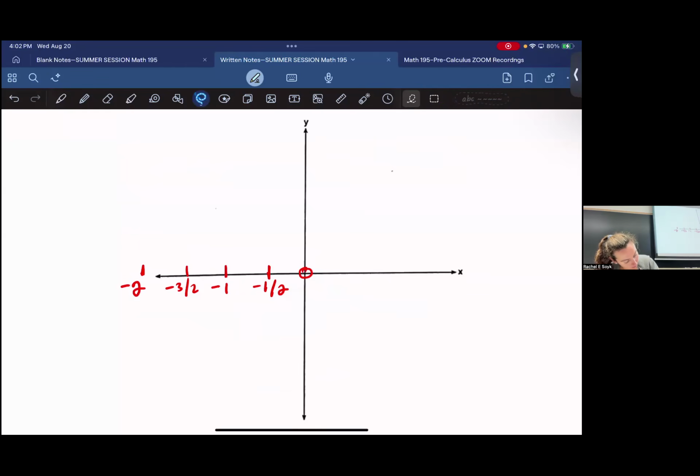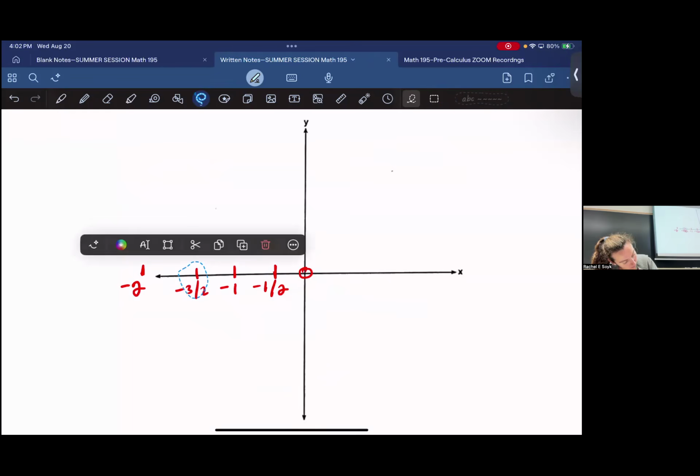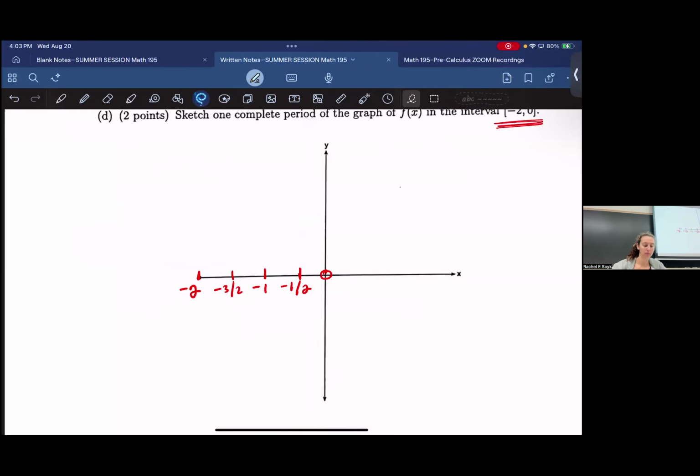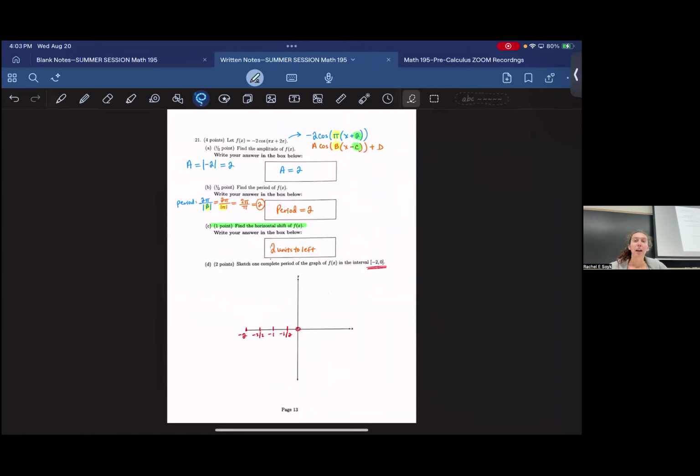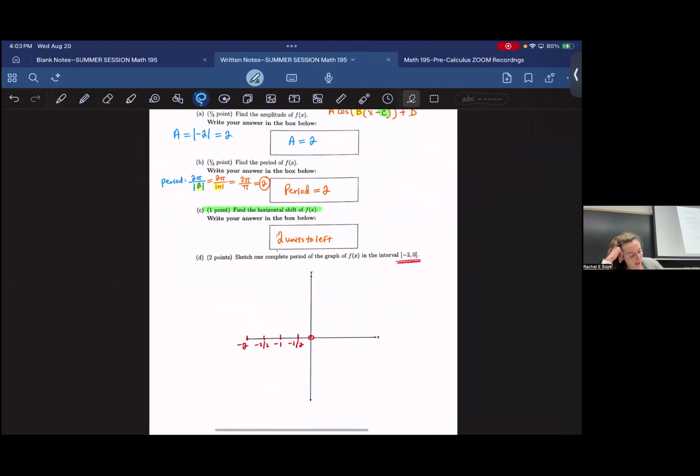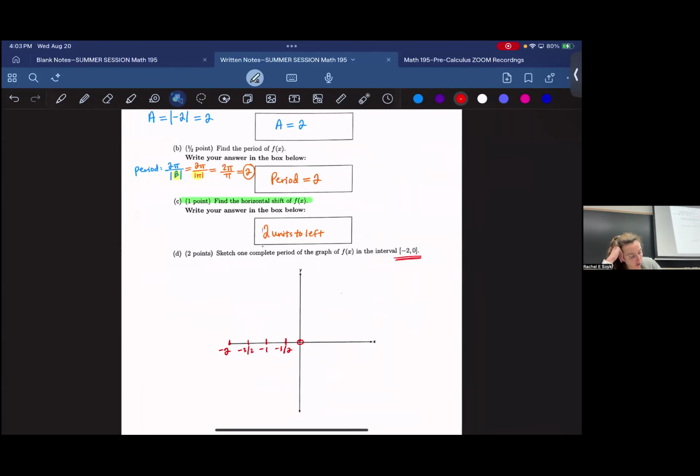Let me move these over a little bit, and then create your table off to the side. So you already chose your x values. You have 4 good x values here.